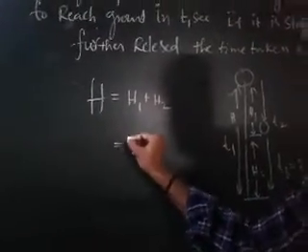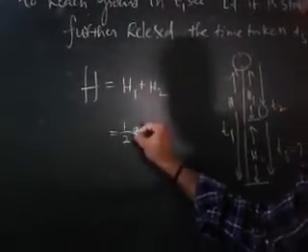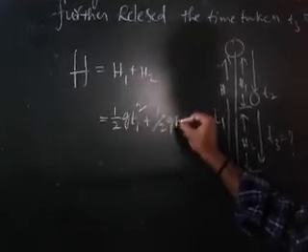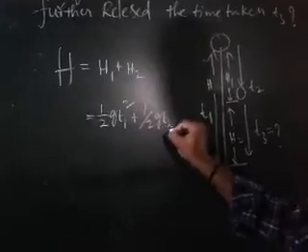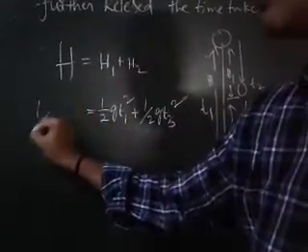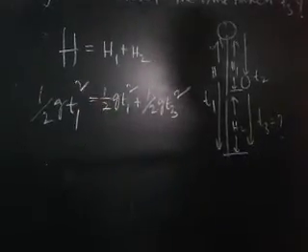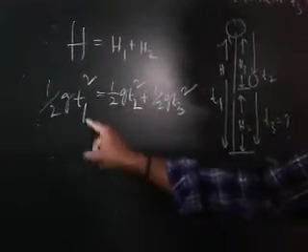Here h1 is half g t2 square, h2 is half g t3 square, and h is half g t1 square.